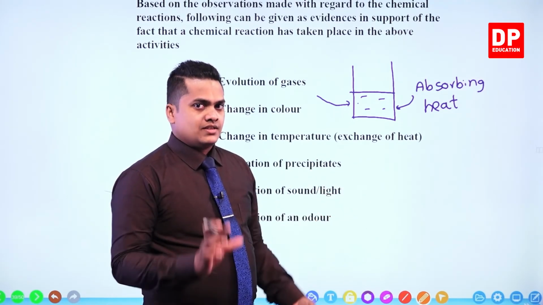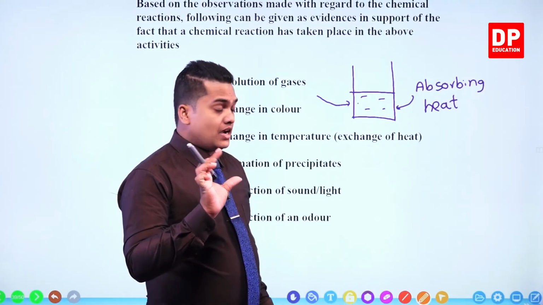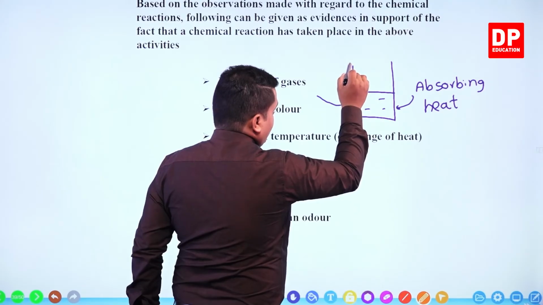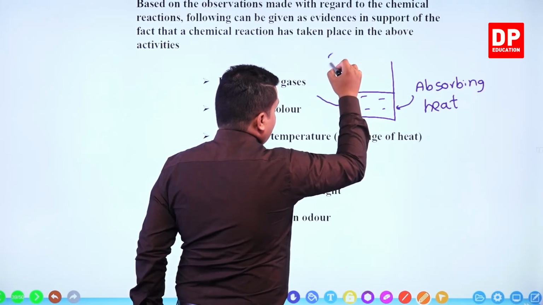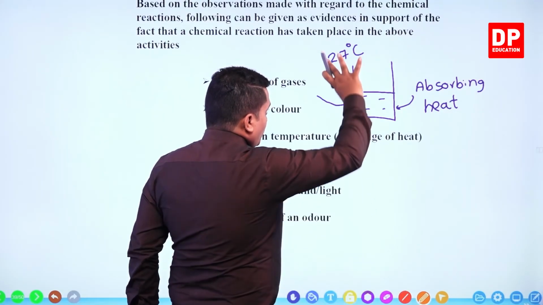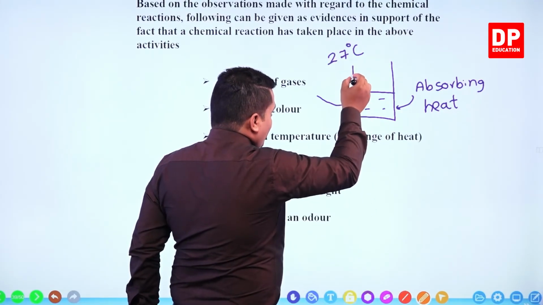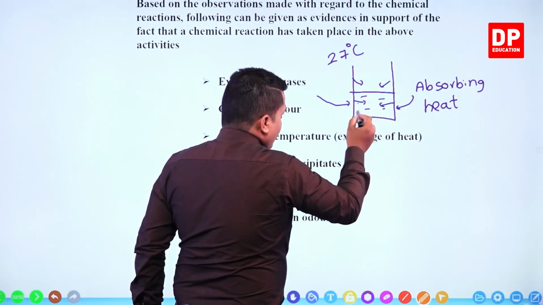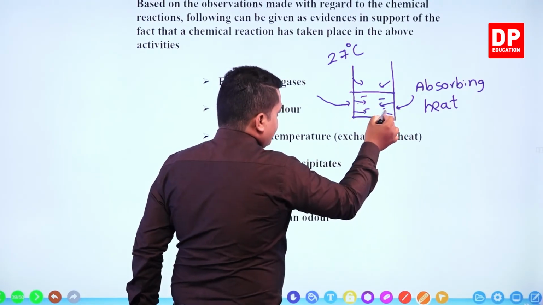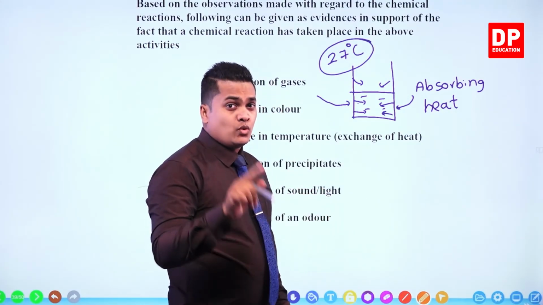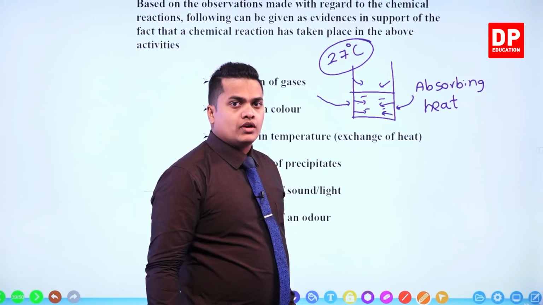In that case, listen to me carefully on this. My dear children, now this is the container. We'll assume that this container is at 27 degrees Celsius. So when heat is absorbed into the system, this 27 degrees Celsius will definitely drop down.